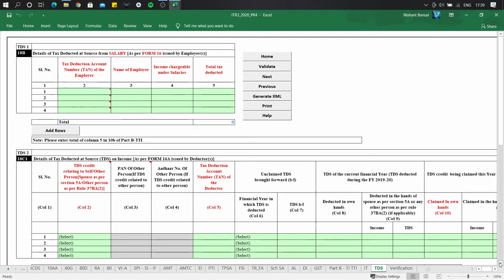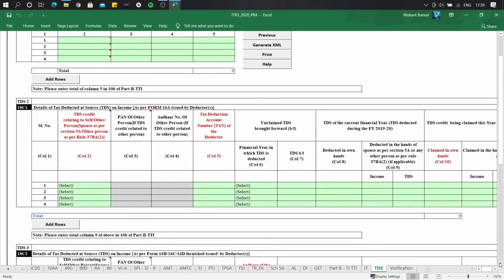Since we don't have any tax deducted from salary, we'll enter nothing here and leave it blank. Then the details of tax deducted at source on income other than salary: on whatever income TDS has been deducted, the details would come here. 16A. So TDS relating to self, other person.